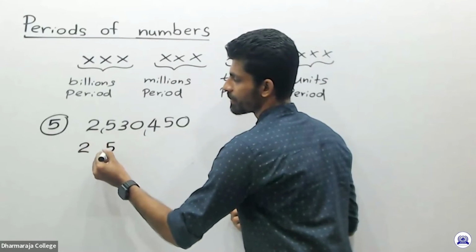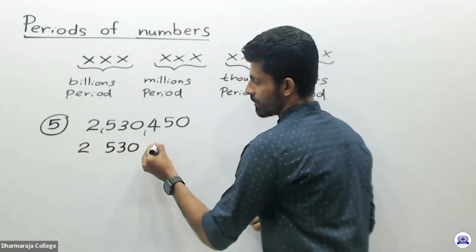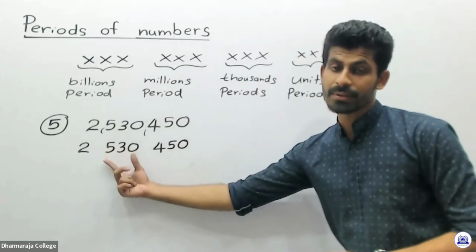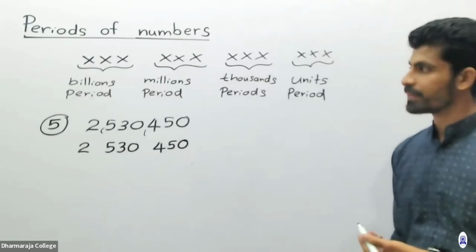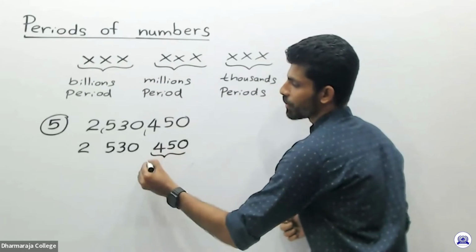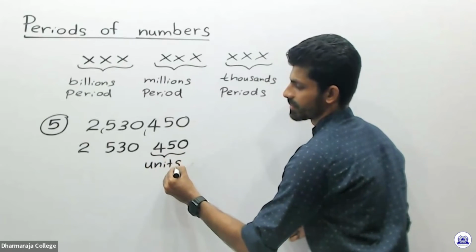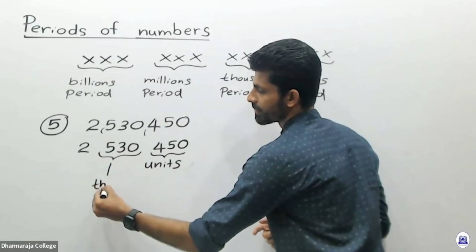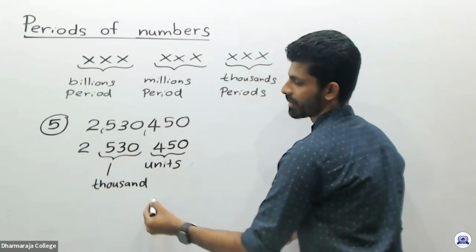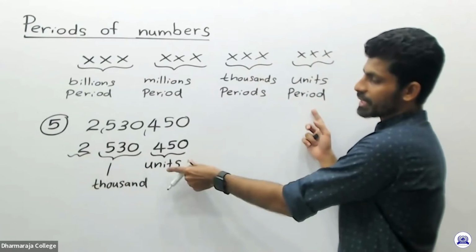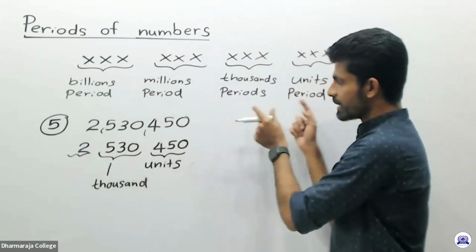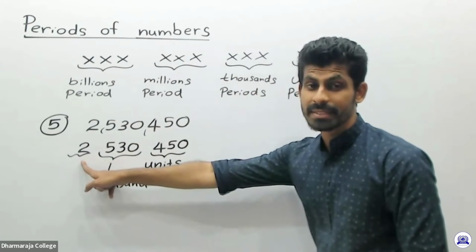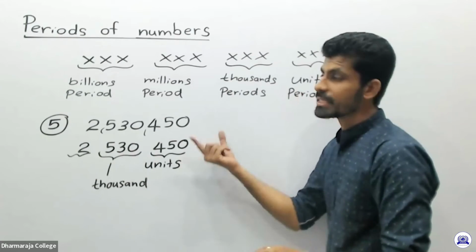1, 2, 3, comma. 2 space 530 space 450. This one is known as units. 530 means thousands. 2 means the next period.